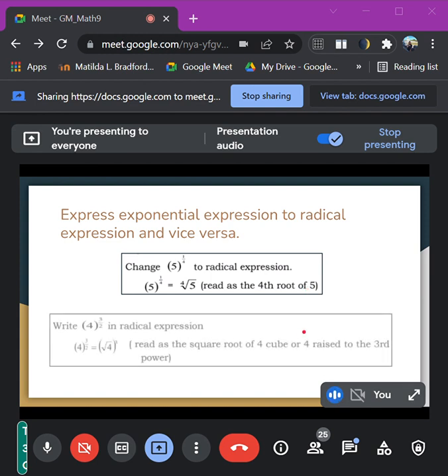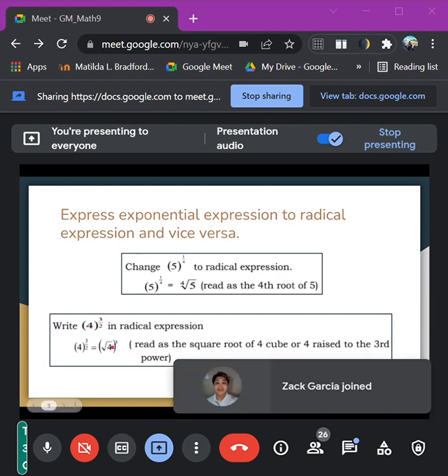And next one class we have here. So we are going to write 4 raised to the power of 3 over 2 in radical expression. So, same sa atong gibuhat last class. So, you have there, ang 4 nga base isud sa radical symbol. And then, katong numerator class, di ba nagingon ko, mauna siya ang exponent. So, mauna siya ang exponent sa imong 4.